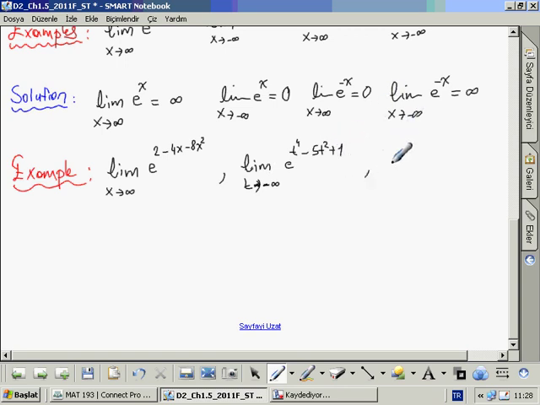And the last one, limit as z goes to 0 from the right-hand side of e to the power of 1 over z, right?